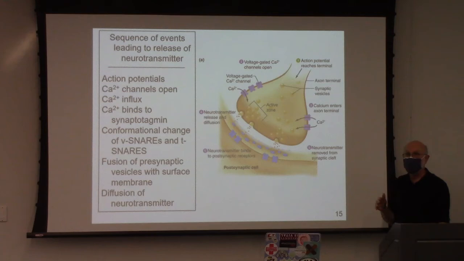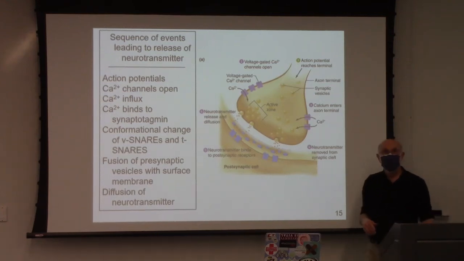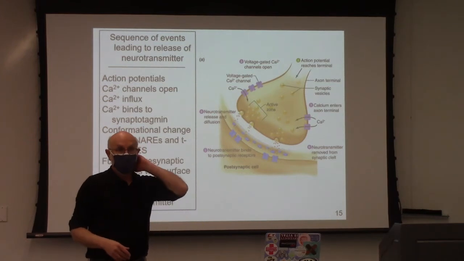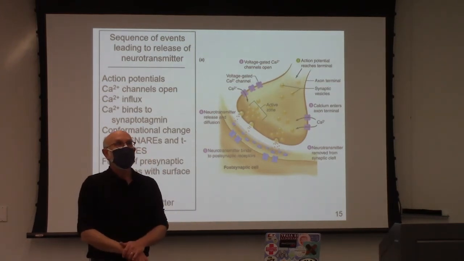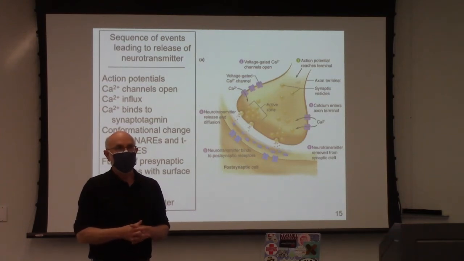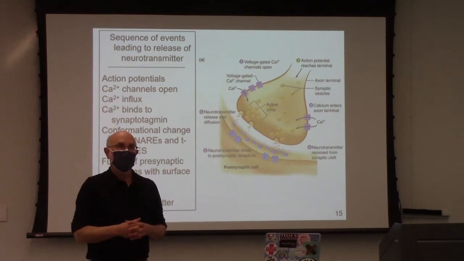Questions about this process? Is the terminology calcium-induced calcium release specific to cardiac myocytes, or can it be used in this? Calcium-induced calcium release is a special feature of cardiac myocytes. It happens in neurons, but not here very much.